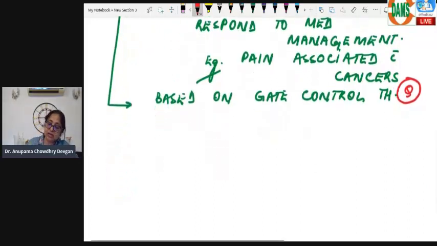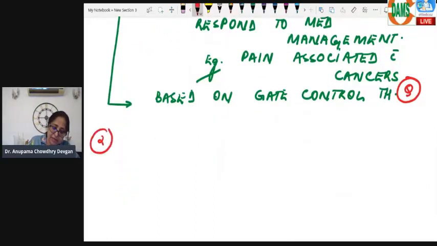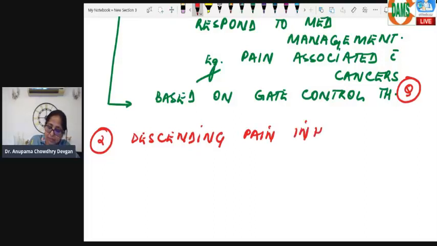Second mechanism for the endogenous analgesia system is known as the descending pain inhibiting pathway. Yes, there is an endogenous descending pain inhibiting pathway.